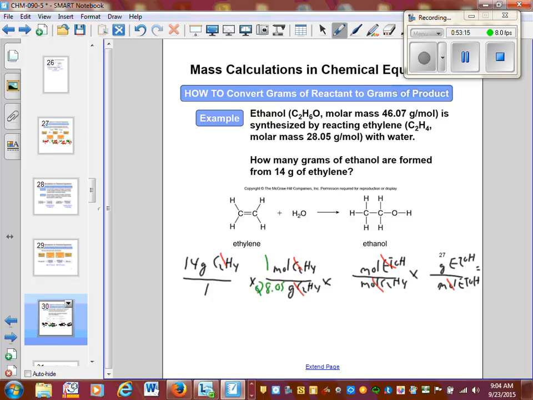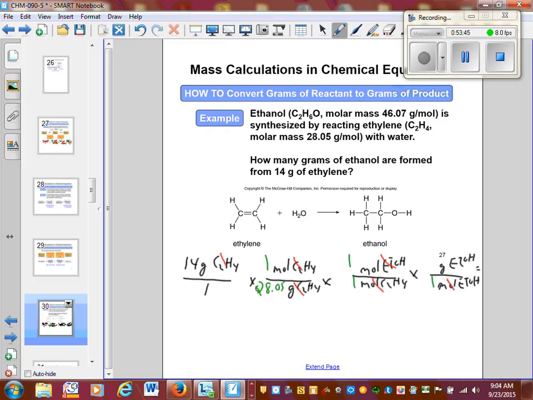What's the number you see here? 1. What's the coefficient in front of ethylene? 1. For the last one, 1 mole of ethanol weighs how much? Molar mass of ethanol, it says right here. 46.07. Let me finish.